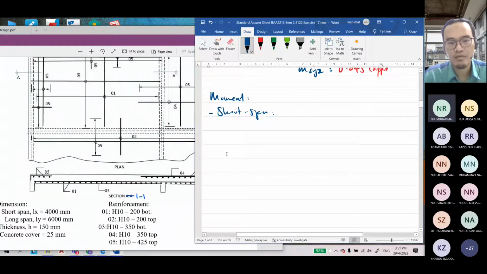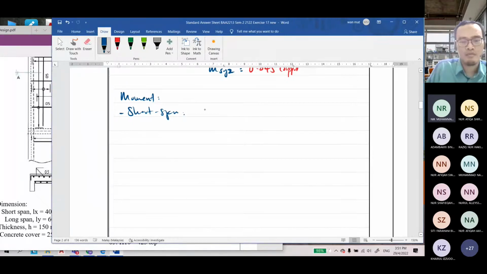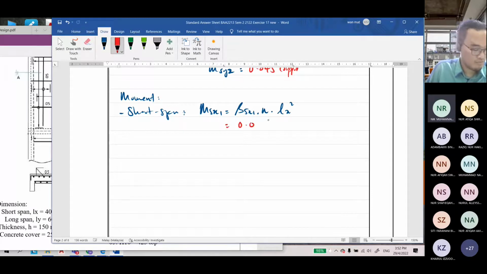MSX1, which is for the middle, equal to beta SX1 times n times Lx to the power of 2, equal to 0.055 times 13.1 times 4 to the power of 2.